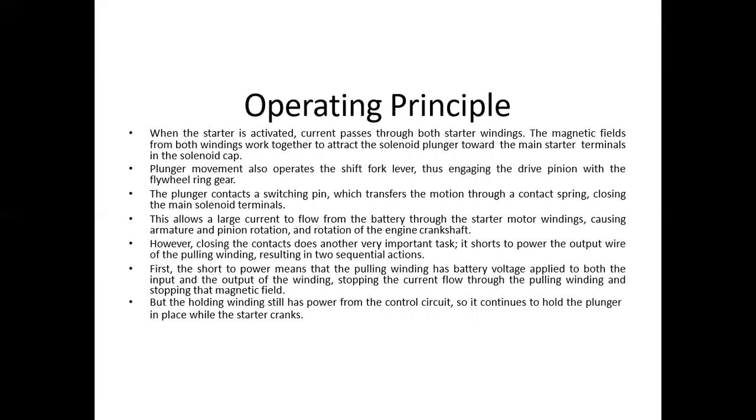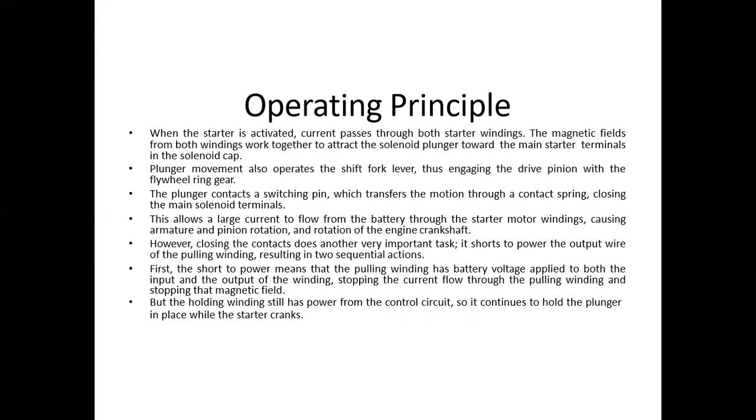Now the operating principle of the solenoid switch. When the starter is activated, current passes through both starter windings. The magnetic fields from both windings work together to attract the solenoid plunger toward the main starter terminal in the solenoid cap.